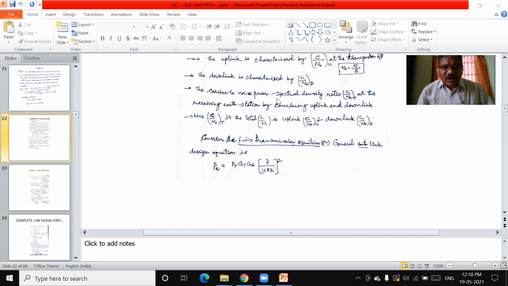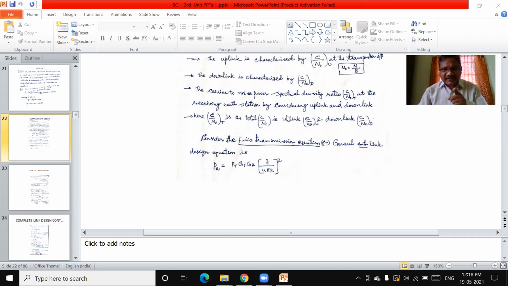The overall carrier to noise power spectral density ratio, C by N naught T, the overall or the total at the receiving earth station by considering uplink and downlink. As you know, total and the uplink downlink.